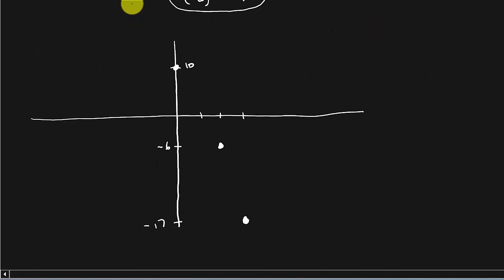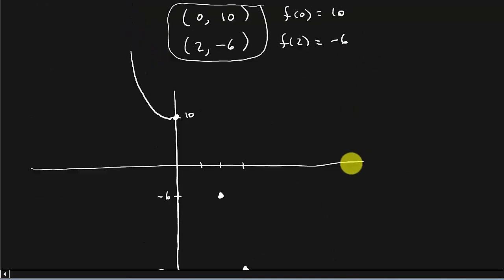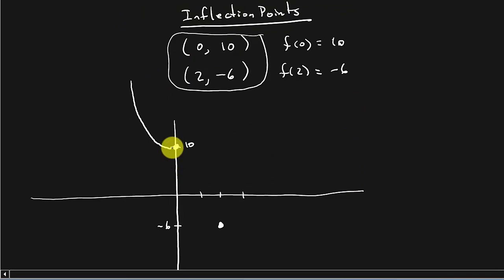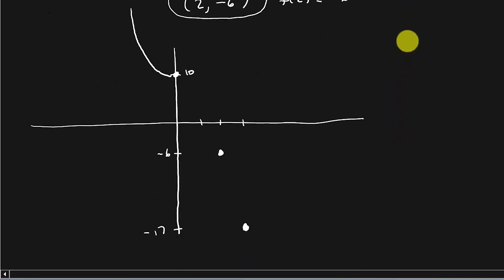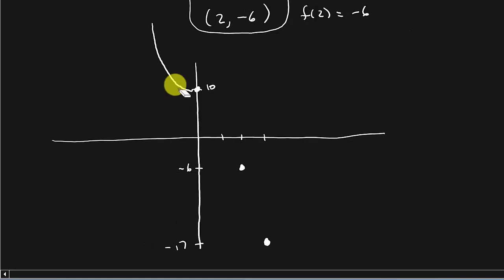So it's decreasing, but it's concave upward. And then once it gets here at 0, from 0 to 2, it changes to concave downward. So let's see if I can make that look half decent. So it looks like that.